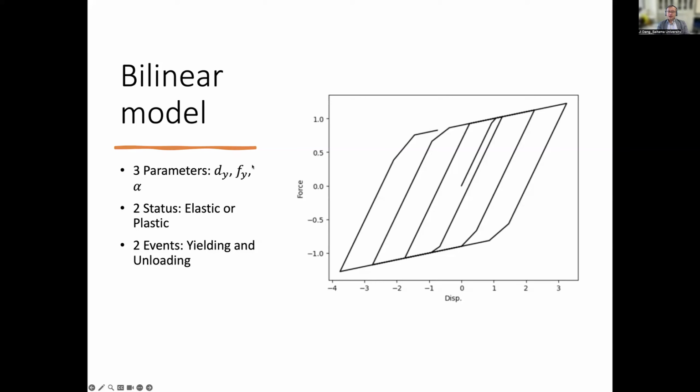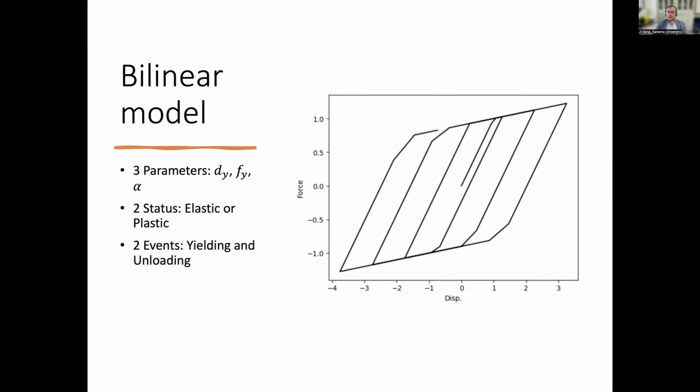And we have two events here, changing between the two statuses. One is yielding. Yielding means that you come from the elastic status to plastic.